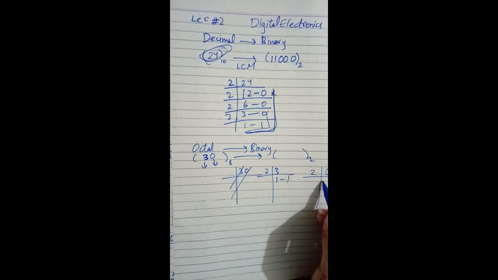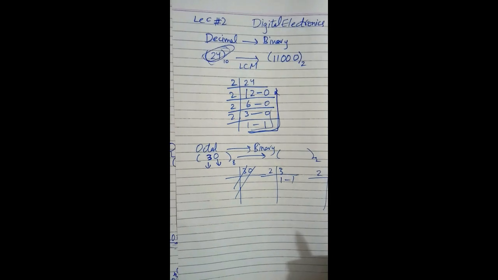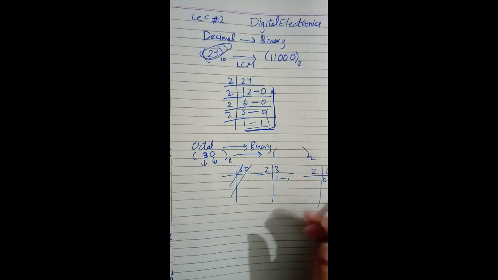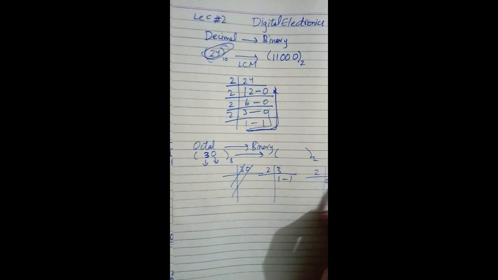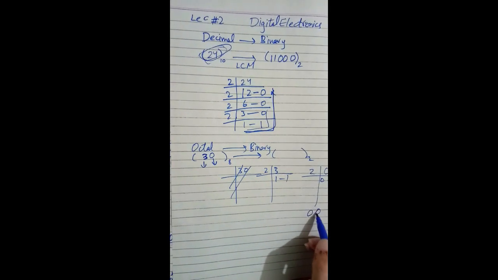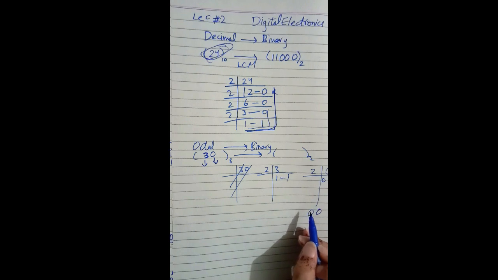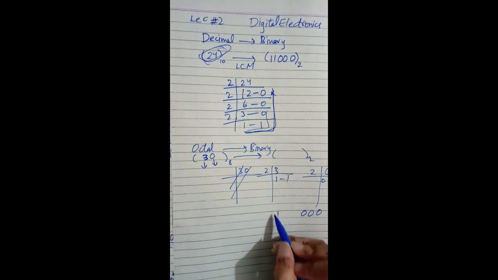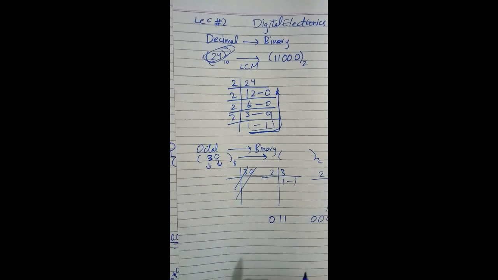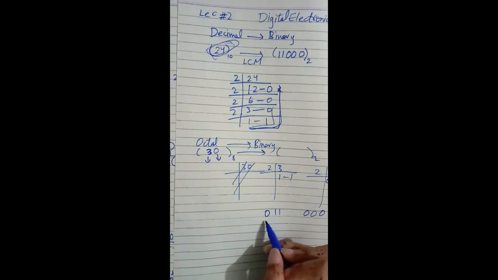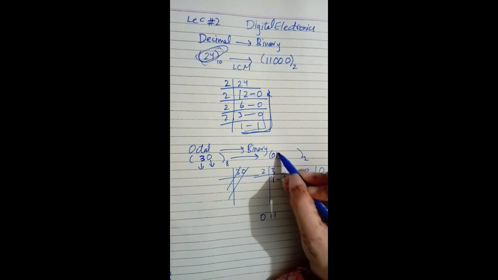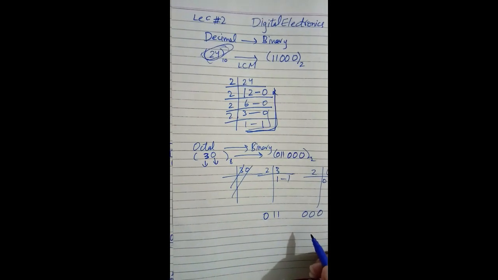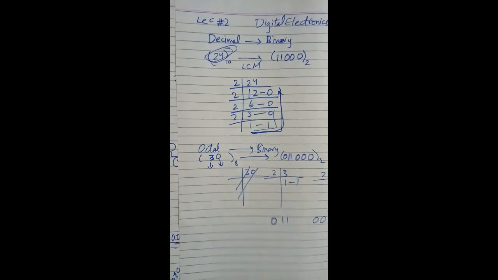With 0 we will have 2 zeros are 0 and of course remainder is 0. So with this we have the final answer, that is 0 0. As we have studied in the last lecture, we will make it 3 bits, so we will add one more 0 here, because in octal we always have 3 bits. Okay, so like this we have the final answer 0 1 1 and 0 0 0. Okay, this is our final answer.